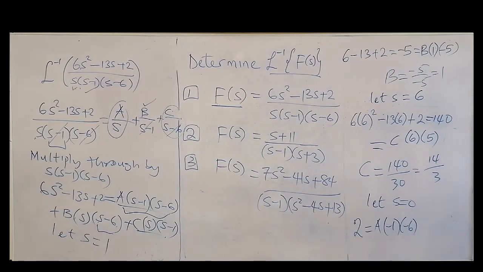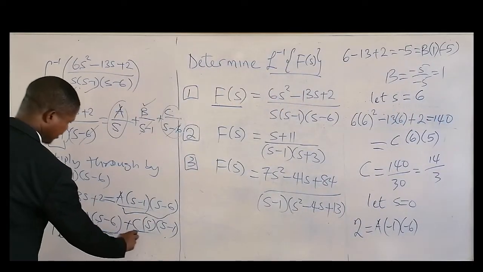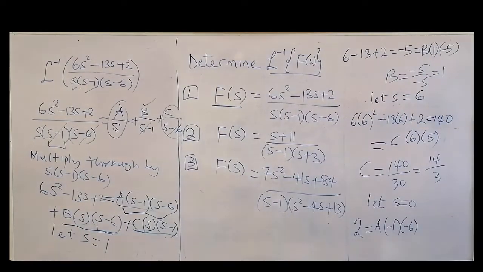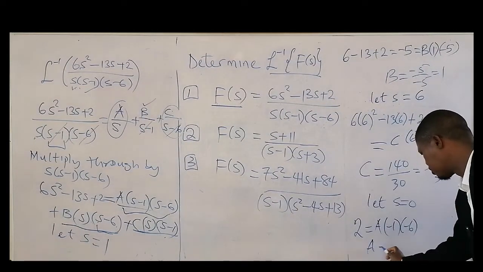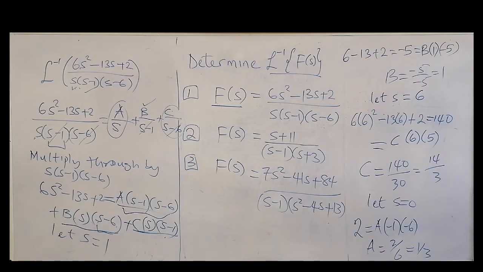For the b part, if x is 0, this will cancel and this will cancel. So a is equal to 2 over 6, and that's 1 over 3. So we've gotten all the constants: a, b, and c.